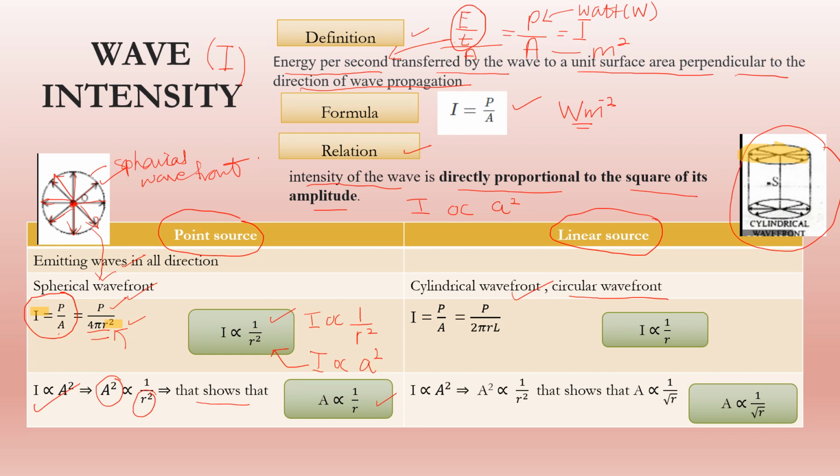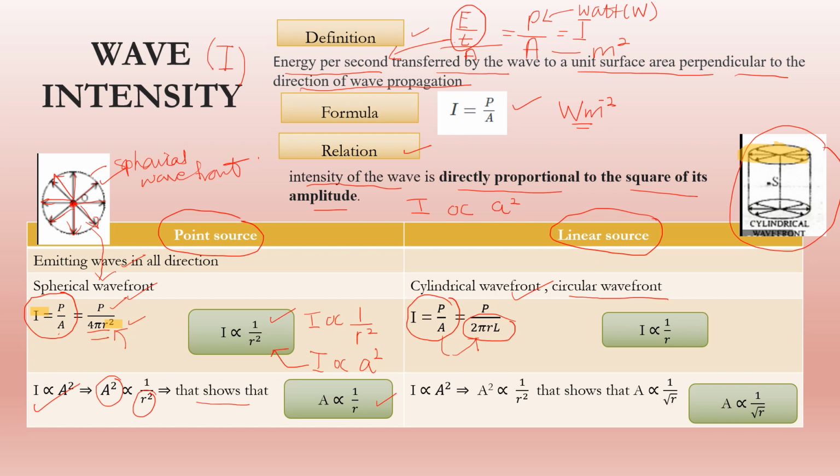Now go back to the basics. This is the definition of intensity: intensity is power over area. Then what is the area for the cylinder? It is 2 pi RL.